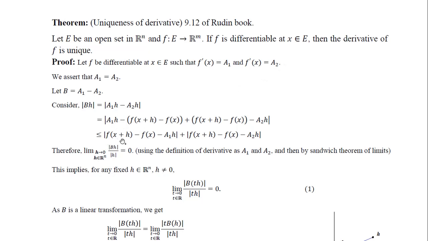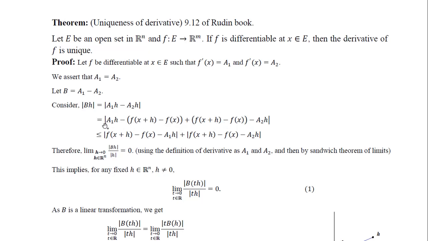We need a structure like this, that is the norm of f of x plus h minus f of x minus a1h, and the same thing minus a2h. See here, a1h and a2h are already with us. So we need to have f of x plus h minus f of x here also and here also. For that, let us play the trick that we subtract this bracket from here and add it also, so that the effect is nullified.